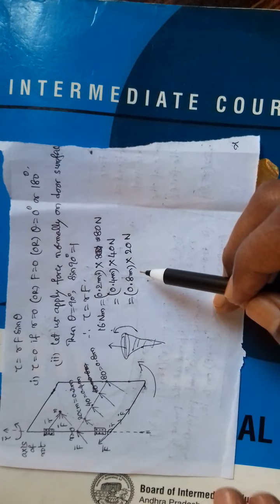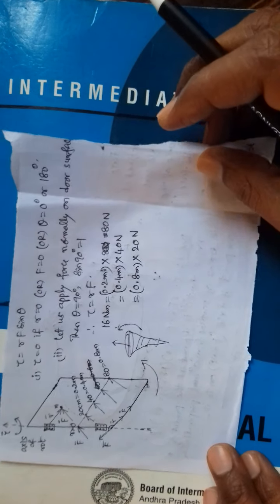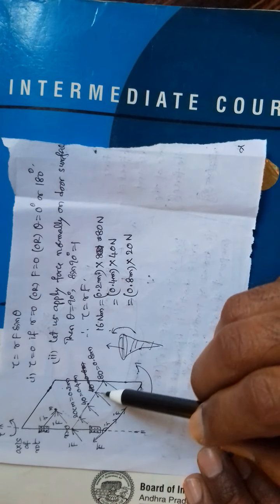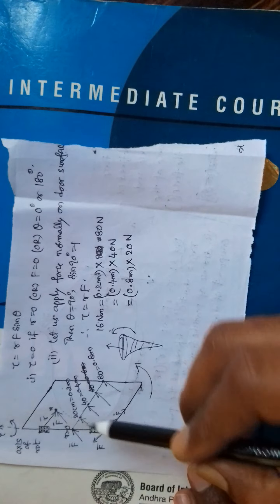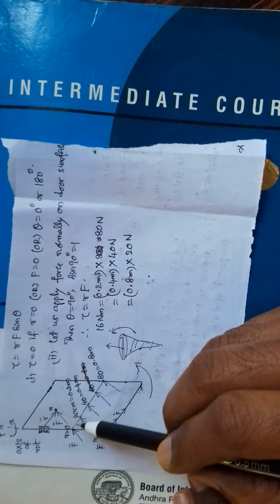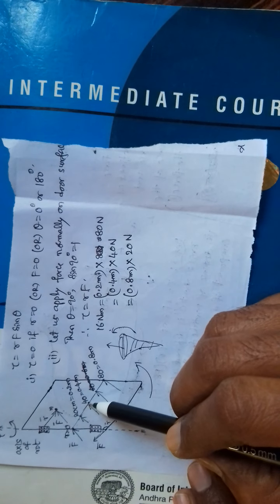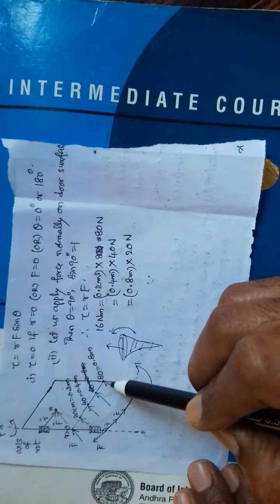Now, to understand the importance of torque, let us choose three different positions. This point is 20 centimeters away from the axis of rotation, this point is 40 centimeters away, and this point, the edge of the door, is 80 centimeters away.